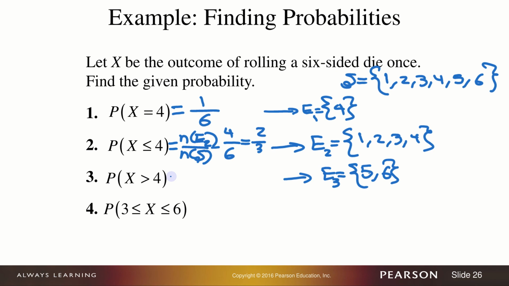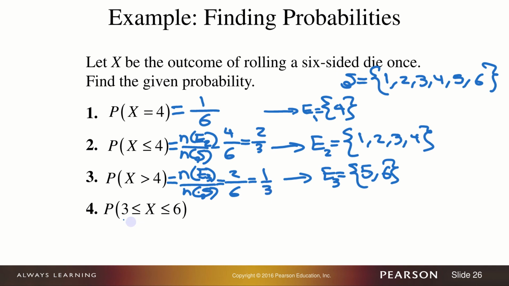So here we would say this would be the cardinality of E3 divided by the cardinality of the sample space, which would be 2 over 6, which is 1/3.